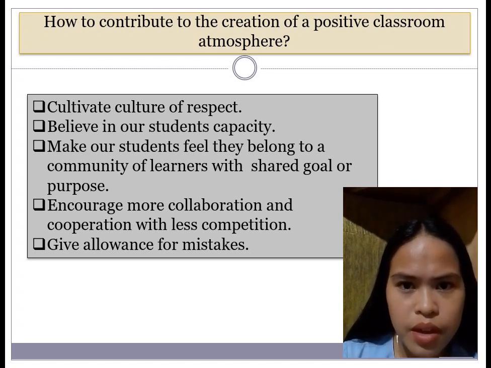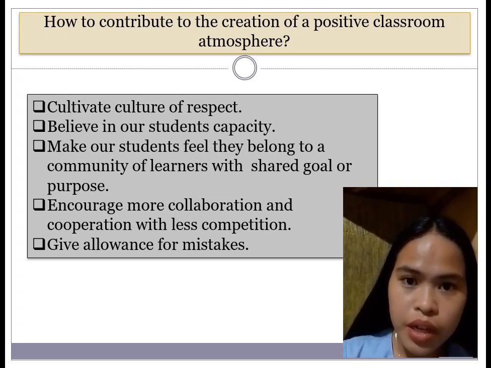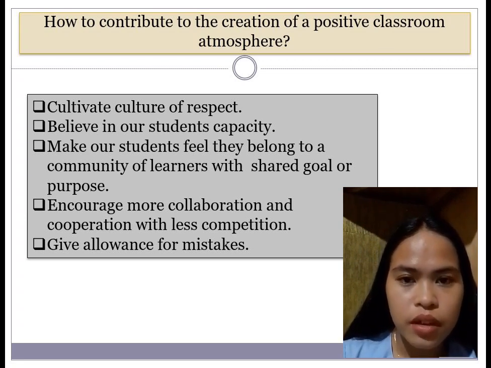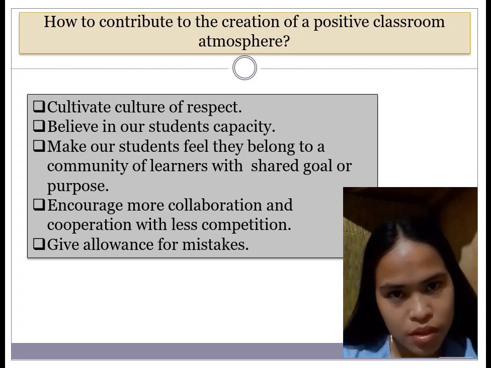Also, another way by which we can establish a healthy class atmosphere for learning is to give allowance for mistakes. According to Pine and Horn, 1994, the learning process requires the challenge of new and different experiences.